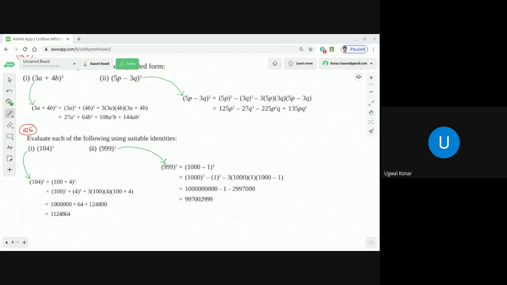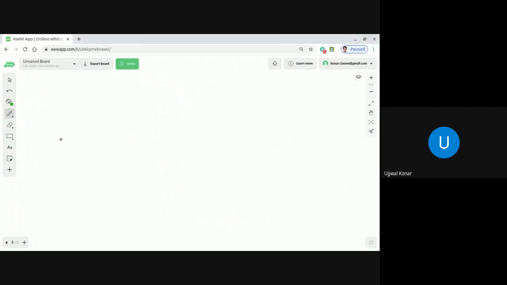So the next question, what I'm going to give you, is to factorize. The question will be available to you in another few seconds. Is the question clear to you? Yes, sir. Yep, go ahead.